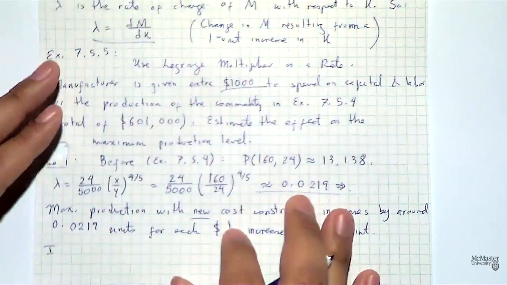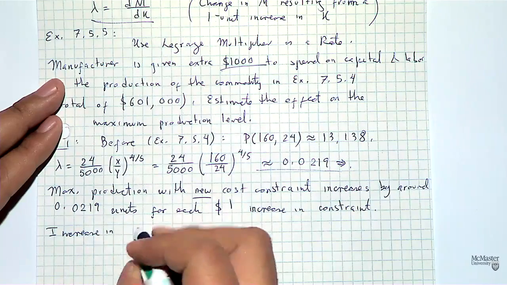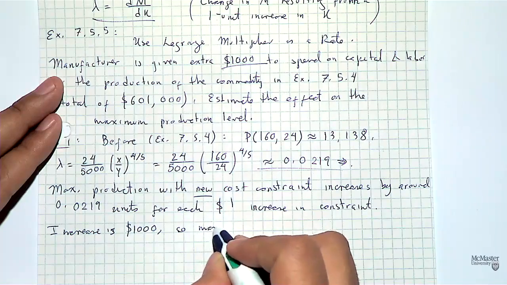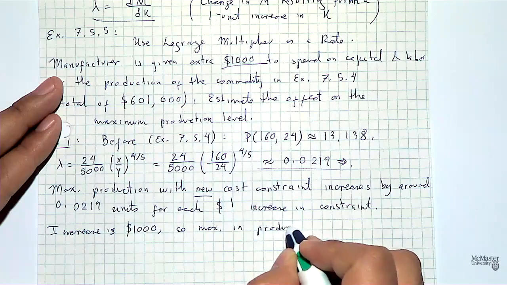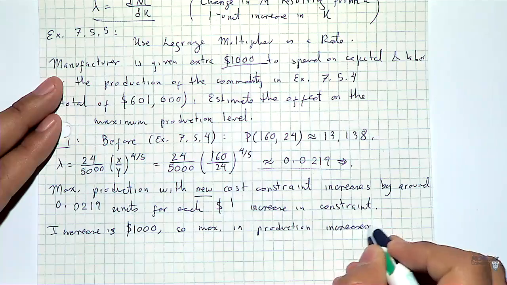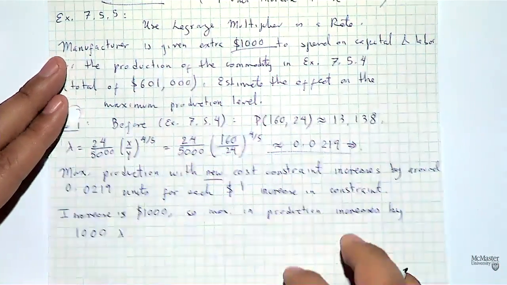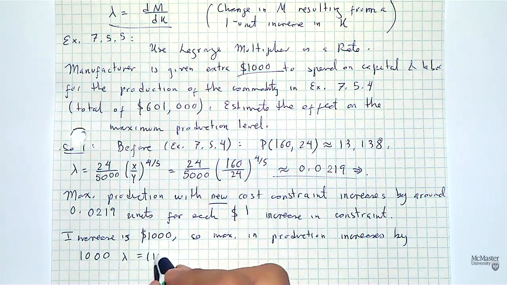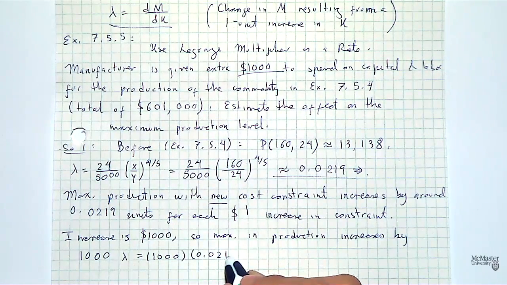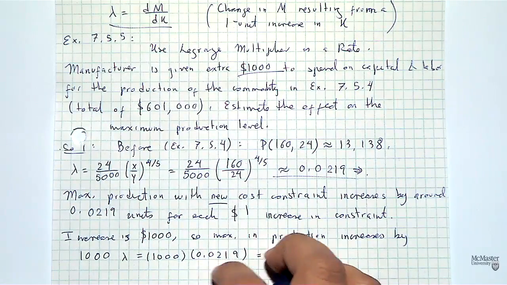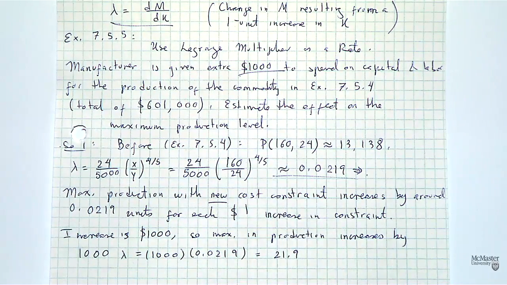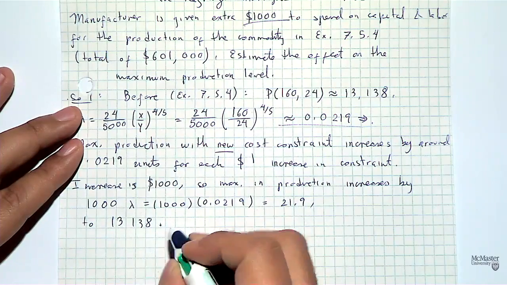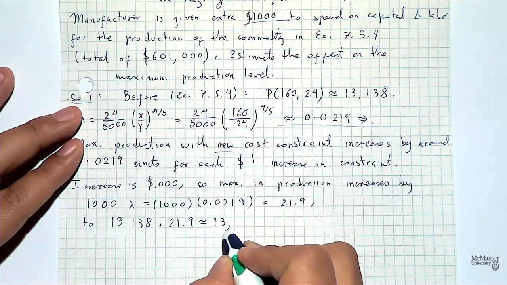So, in that case, the maximum in the production increases by, just multiply 1,000 lambda, which is, you just plug in the value, 1,000, and then 0.0219, so 21.9, so just change the decimal 3 units, and then that would change the maximum to, I would just have to add this, 131.9.